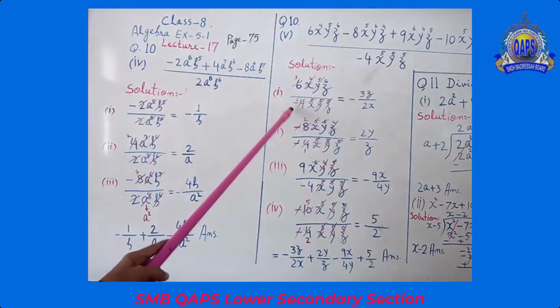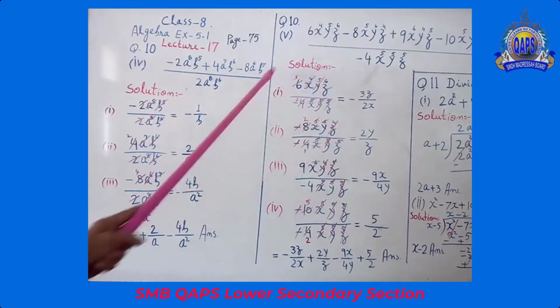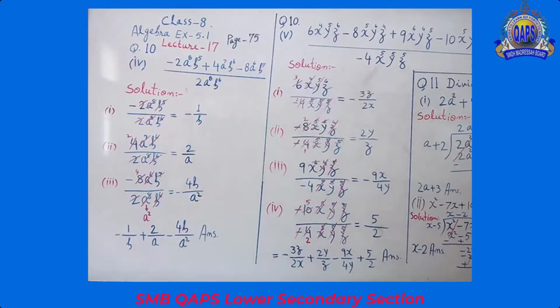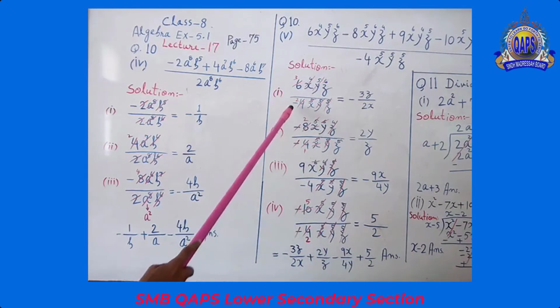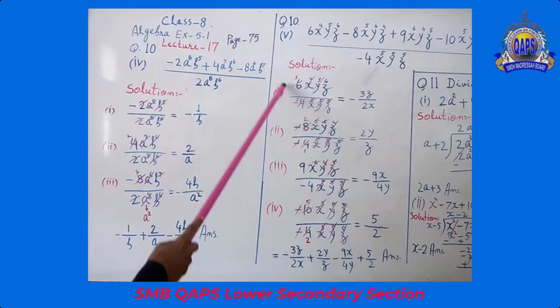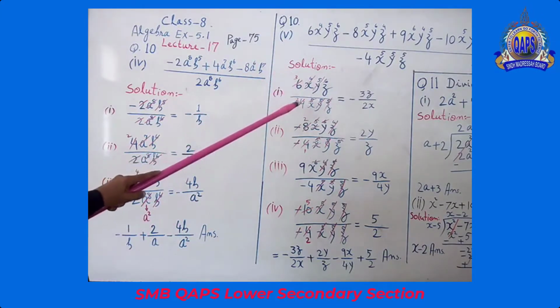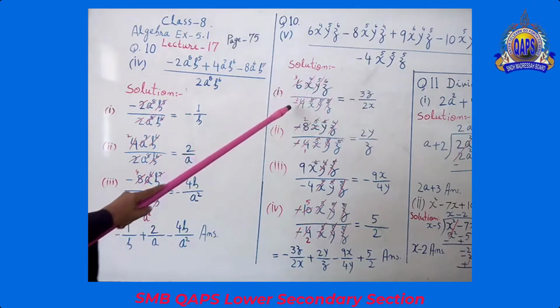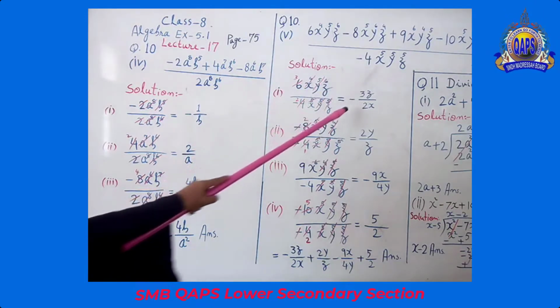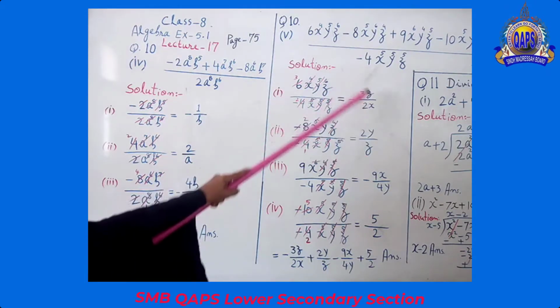You see, I wrote it over here. Have a look. 2 twos are 4, 2 threes are 6. So this is 3 upon 2. You see? Minus. So it will be minus 3 upon 2.